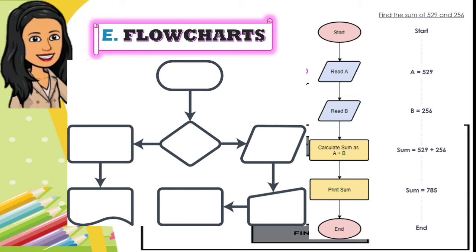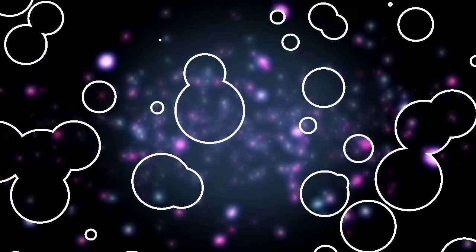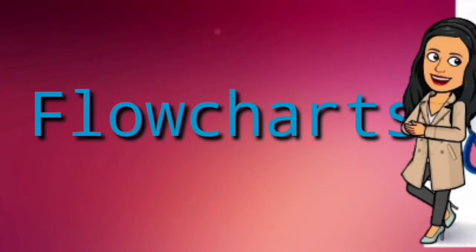Typically, it shows the steps as boxes of various kinds and their order by connecting them with arrows. Okay, so that's all for the visual elements. Once again, what are those visual elements? These are graphs, tables, maps, caption graphics, and flowcharts.